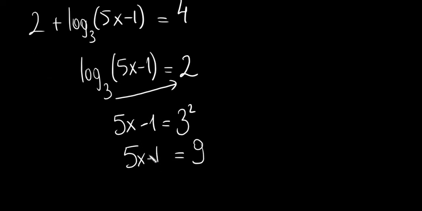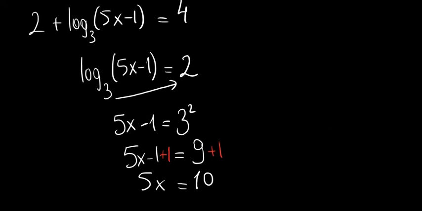And now I have to find x. That means I need to leave x alone on the left side. That means I'm going to get rid of the -1 and the 5. So first let's add 1 to both sides. So 5x is going to be 9 plus 1, which is 10. Here this is going to be 0.